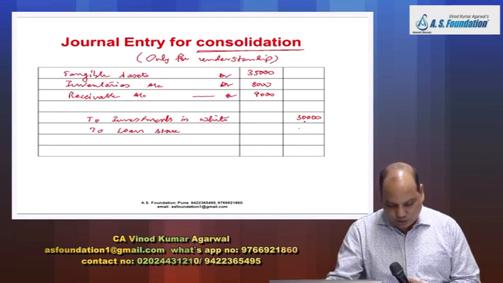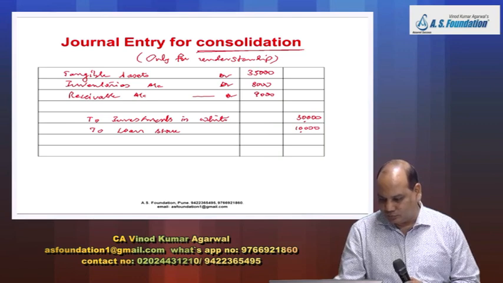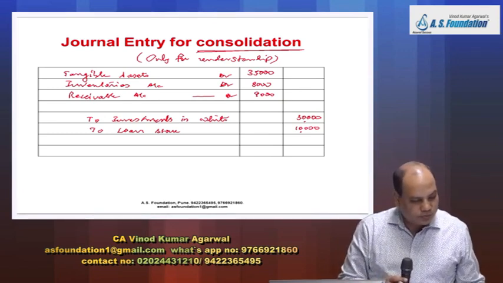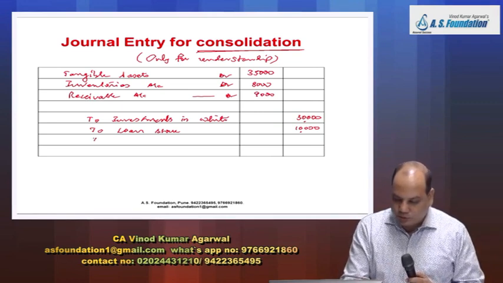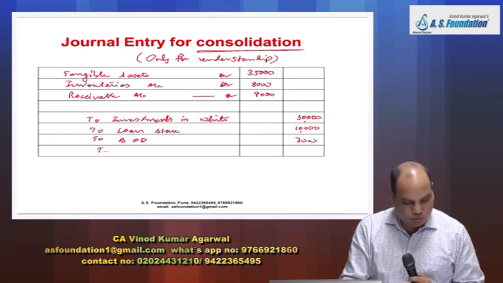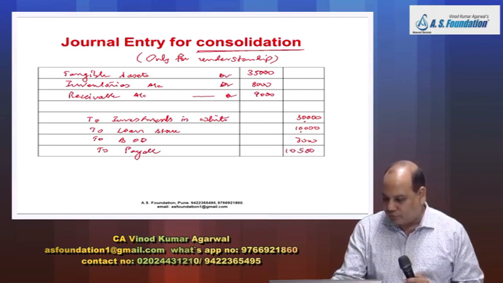First you take over, then we will cancel it. 10,000. Okay. Is it tallying? No, we have some current liability also. To bank overdraft 3,000. And to payable 10,500.